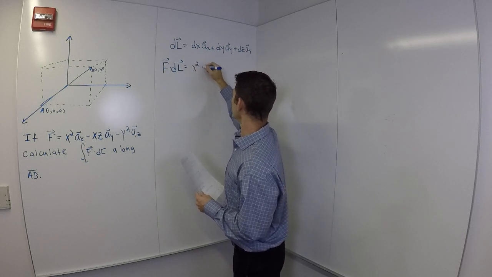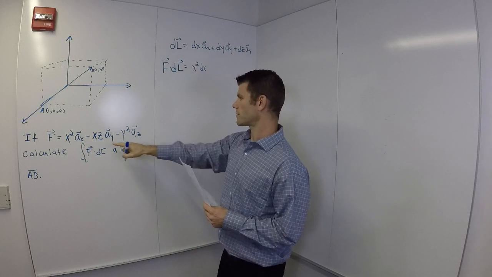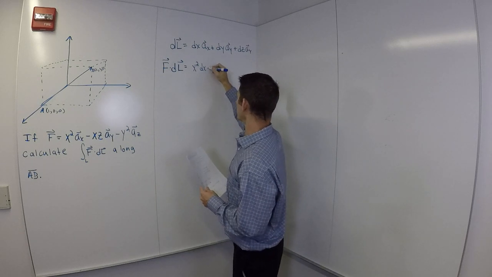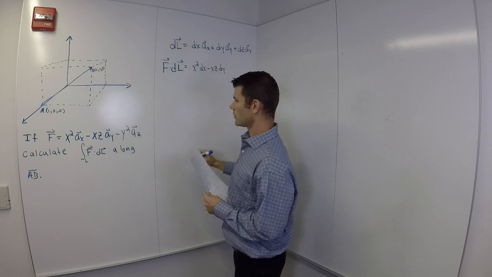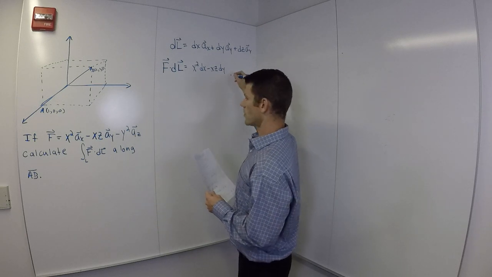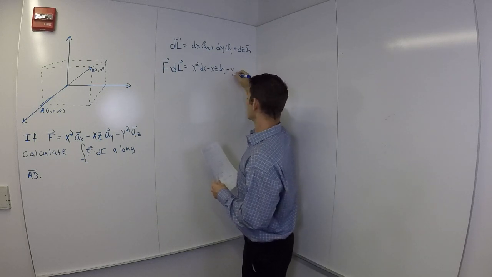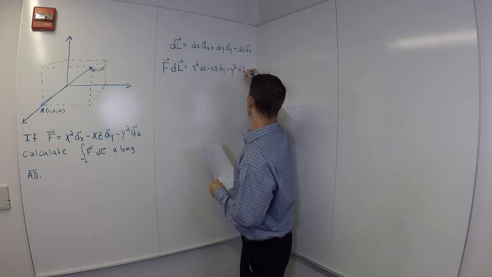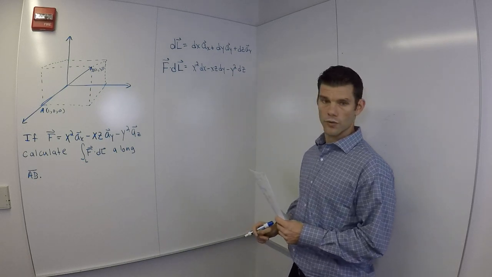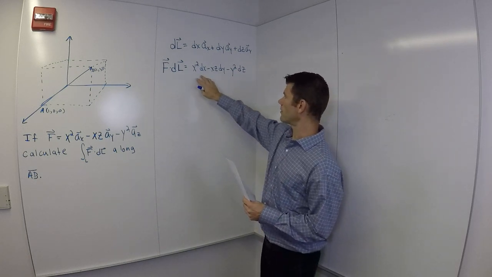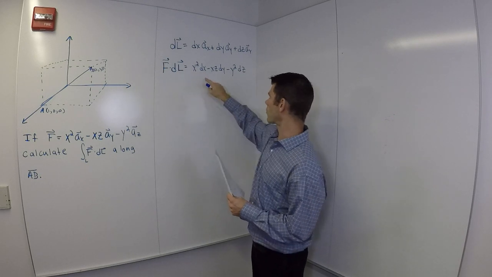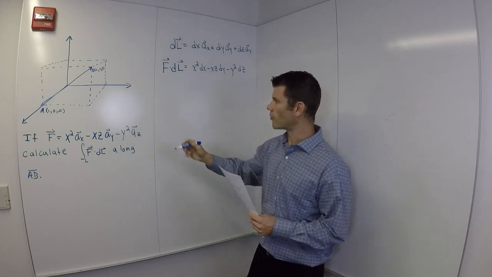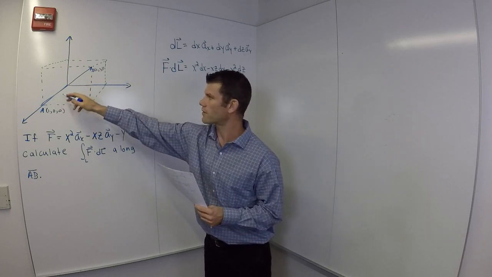So we would have x squared dx, the y component with the y component here, xz dy, and the z component with the z component here, y squared dz. You'll see that we're not going to be able to calculate the integral directly because we have changes in more than one direction at one time, and it's a simultaneous change as we go along this path here.